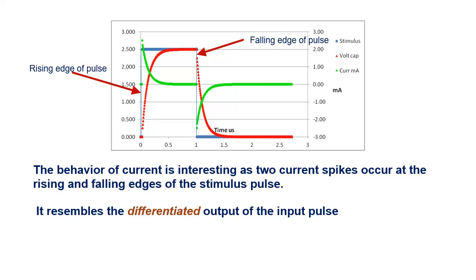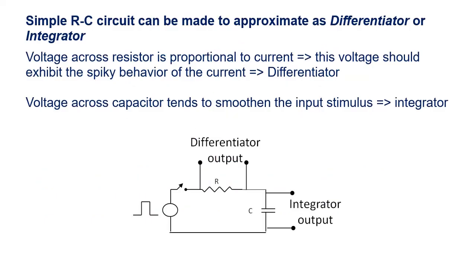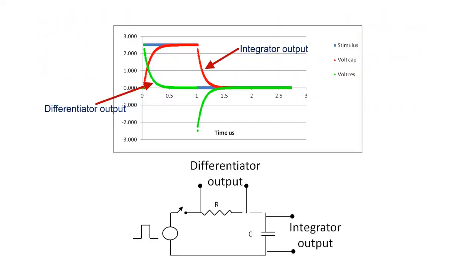The current approximately resembles a differentiated version of the pulse. Voltage across the capacitor resembles integrated version of the pulse. Voltage across the resistor resembles differentiated version of the pulse. Integrated and differentiated waveforms.